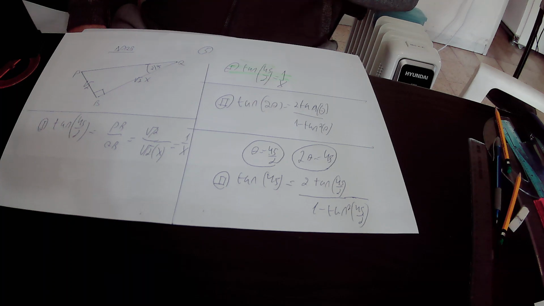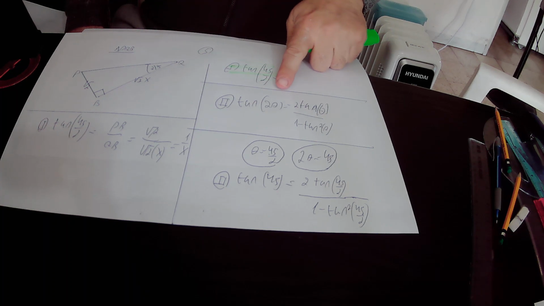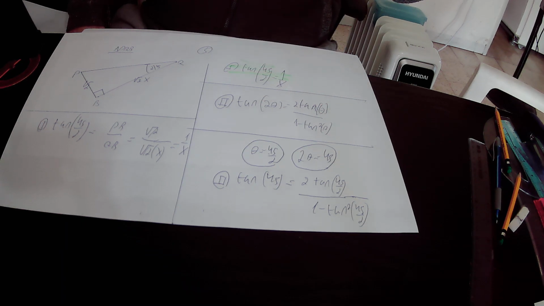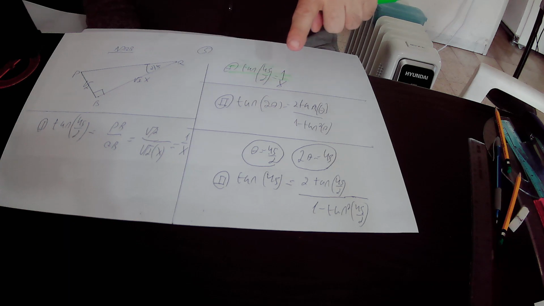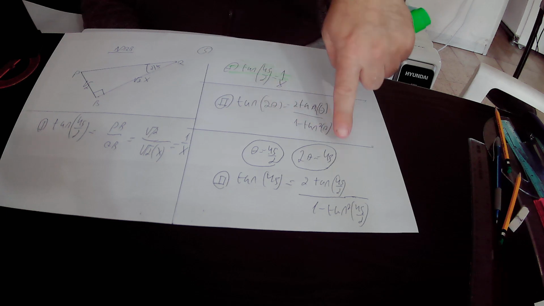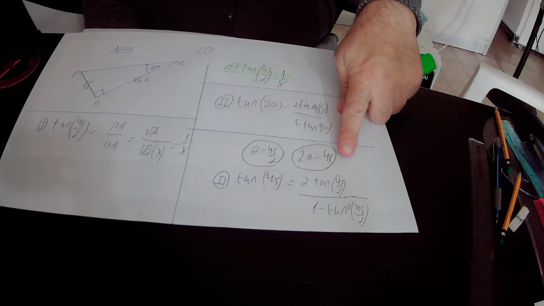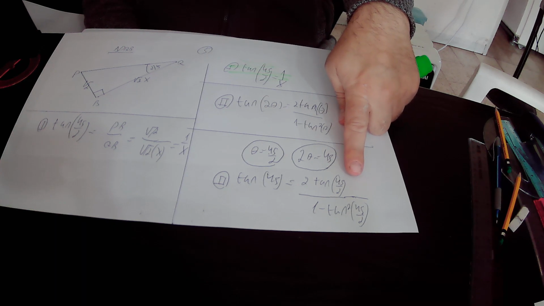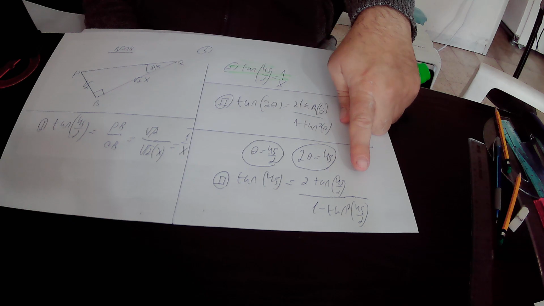Then we substitute theta in equation number 2 by 45 degrees over 2, and we substitute 2 theta by 45 degrees, and we find that tangent 45 degrees equals 2 tangent 45 over 2 degrees over 1 minus tangent square 45 over 2 degrees.